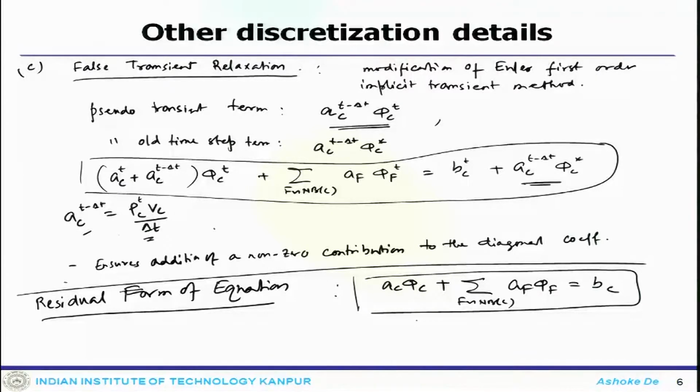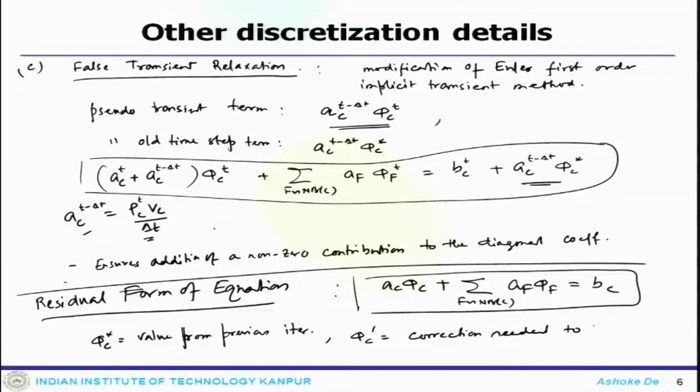The way it is done: we say that phi_C star is a value from the previous iteration, and phi_C prime is the correction needed to satisfy the above equation.